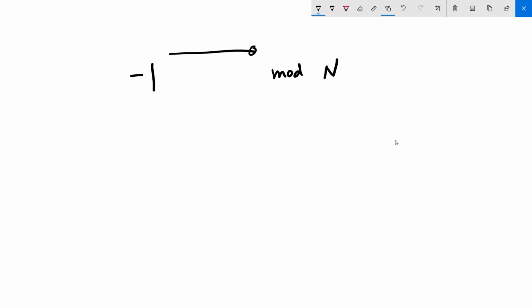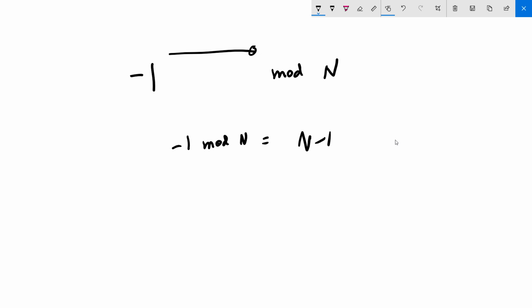If the exponent is even, we're multiplying -1 by itself an even number of times, so we'll get 1 mod n. If the exponent is odd, we're going to get -1 mod n. What is -1 mod n? It is n minus 1. Just remember, you add multiples of n till you get the number in the right range.